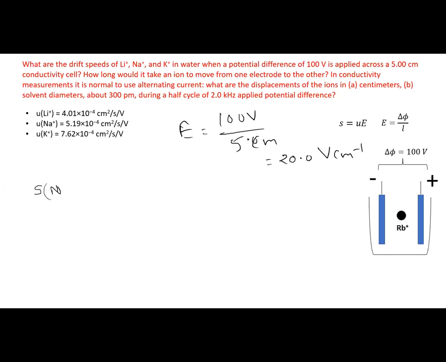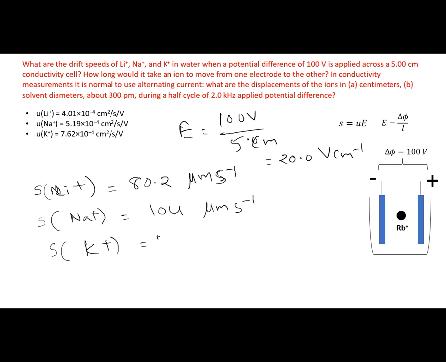You should get the answers: drift speed for lithium is 80.2 micrometers per second, for sodium plus is 104 micrometers per second, and that of potassium plus is equal to 152 micrometers per second.